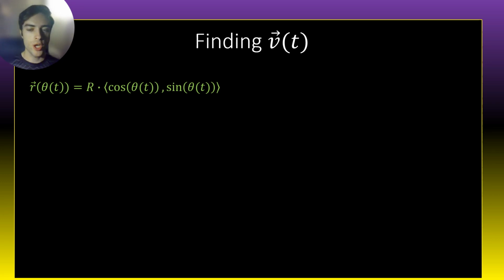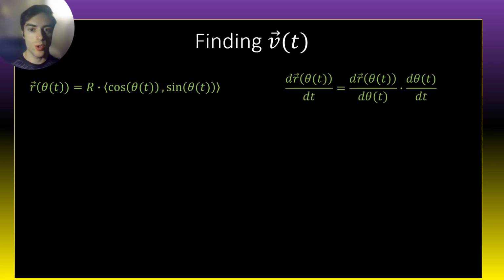Alright, so we have found r of theta of t, and we can combine it with the fact that the derivative of r of theta of t with respect to t must be equal to the derivative of r of theta with respect to theta multiplied by the derivative of theta with respect to t, according to the chain rule.